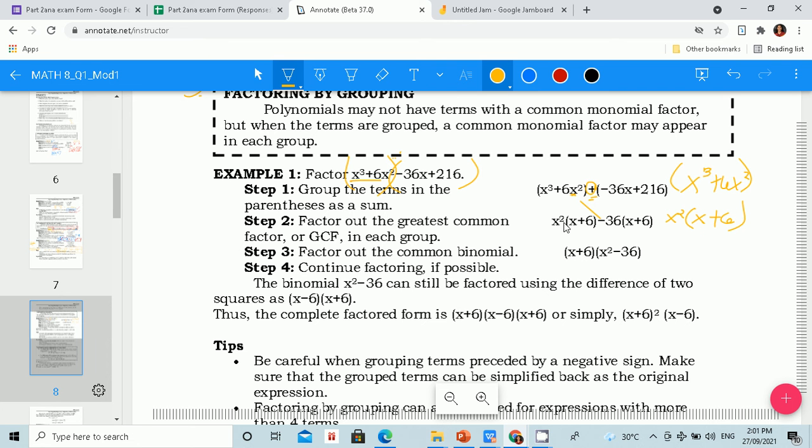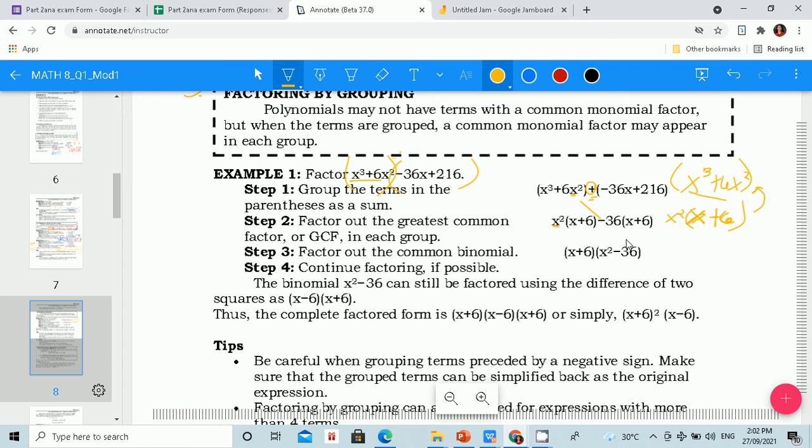What is left is 1, since factoring x squared out of x cubed leaves x, and out of 6x squared leaves 6. When we multiply x squared times x plus 6, that is equal to this one. So this is our first factor for group 1.